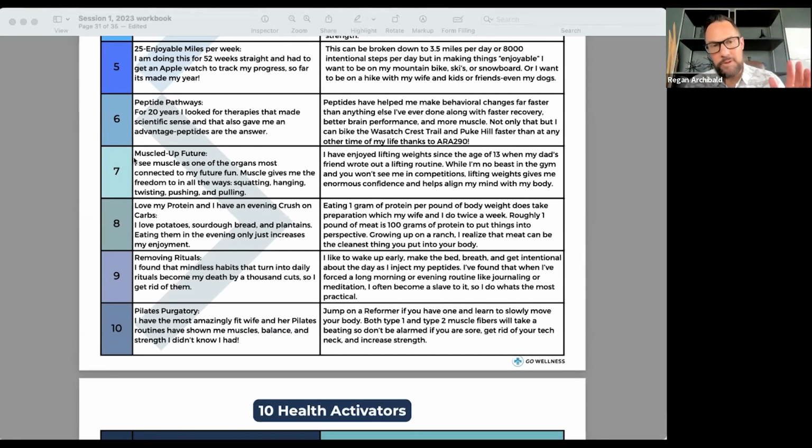And if you restrict your carbohydrates to nighttime, that's when you can get the most benefits from them, because you're more insulin sensitive. Then those carbohydrates help you create dopamine and serotonin, so you just get this nice grounding sense. I've learned to have an evening crush on carbs after going years without them.